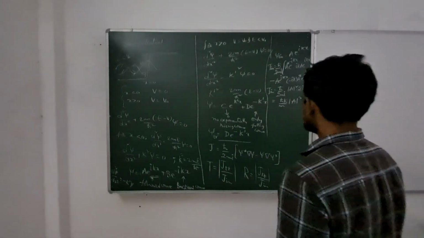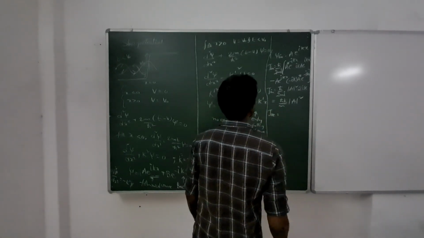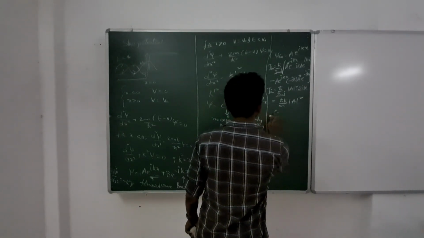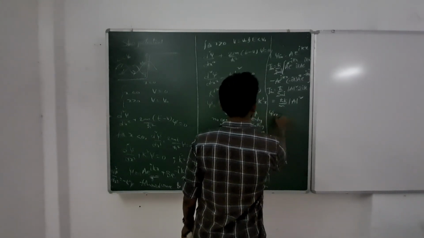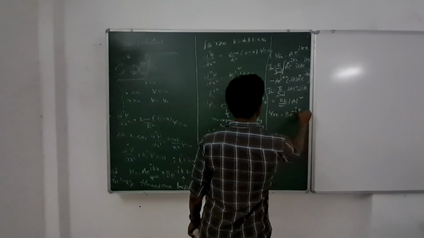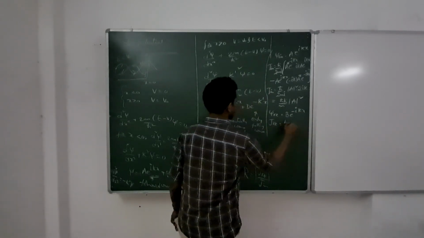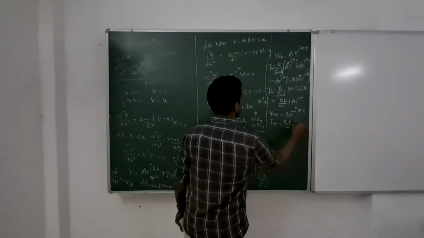So in the same way, J reflected. So ψ reflected is what? B e power minus ikx. So J reflected will be ħk by m modulus B squared.